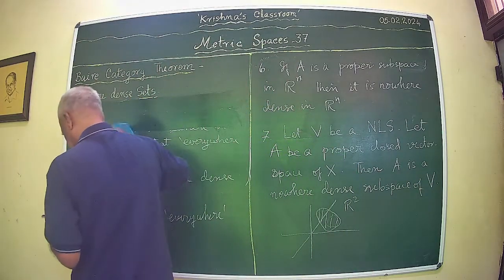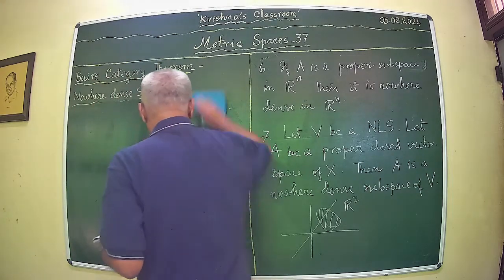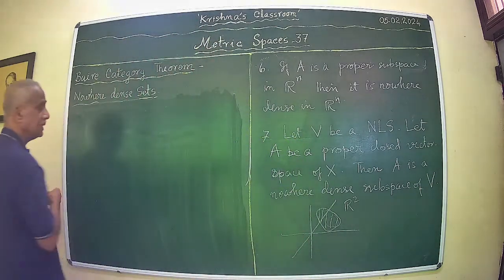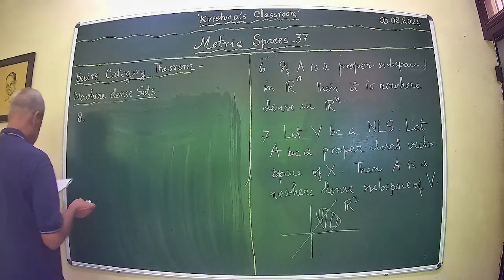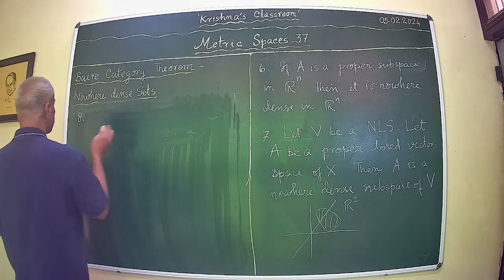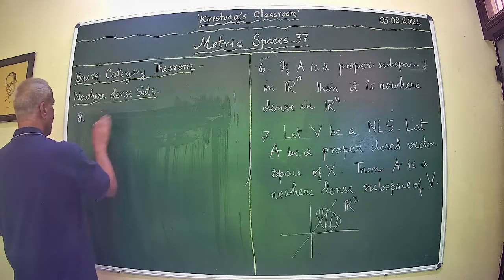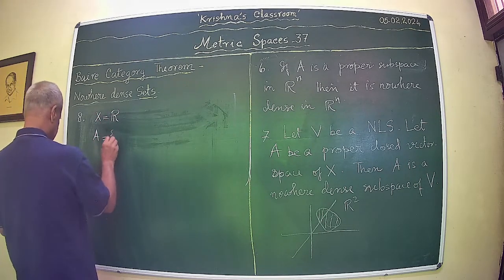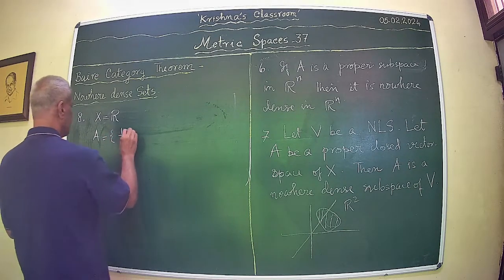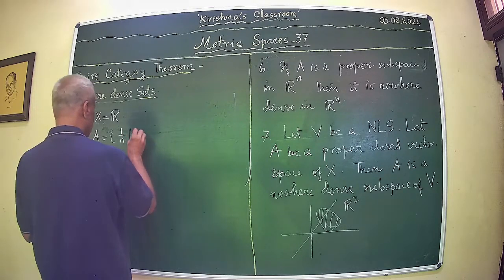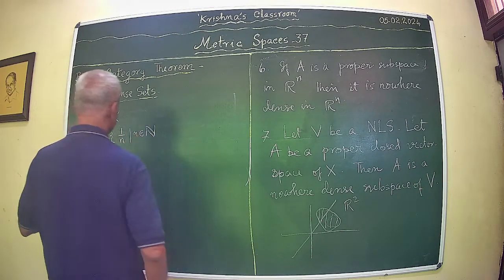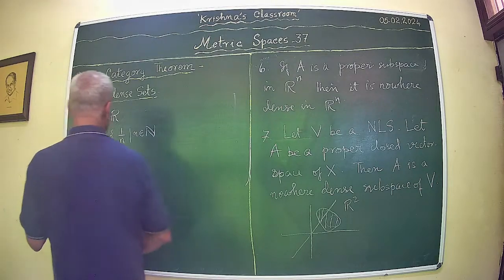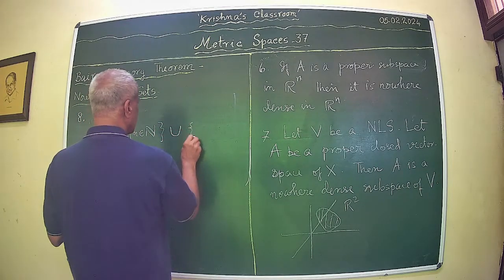Let us look at another example. Consider the set. So you take R. Now A you take as this sequence 1 by n, n belonging to the natural numbers, union the zero element.